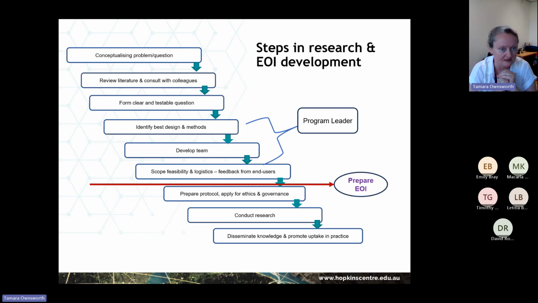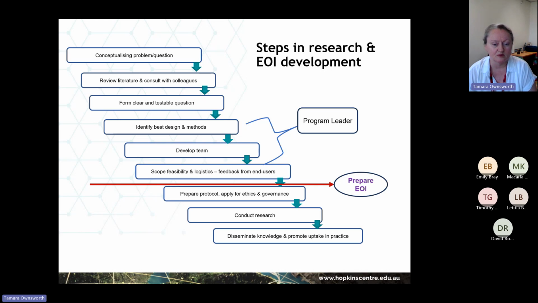So that could be some other clinicians, it could be some of the clients or the end users of your service, and industry partners as well. Ask them whether they think that this is a project that's going to result in meaningful outcomes. I think that's a very important process. You can also do that from the very outset when you're conceptualising your problem.